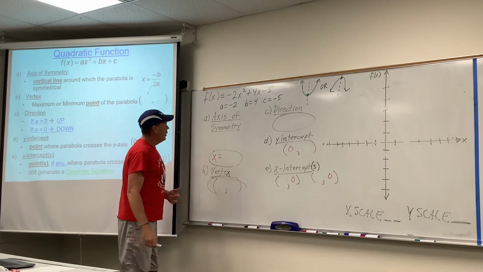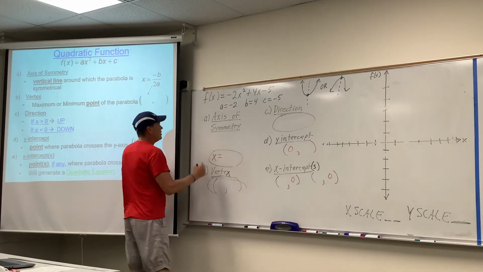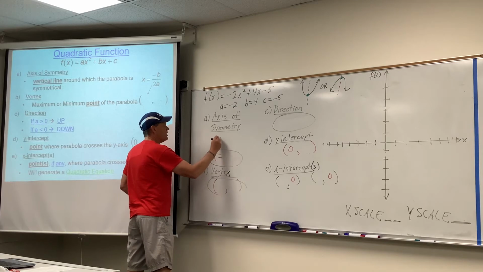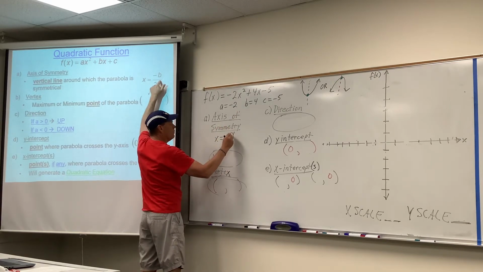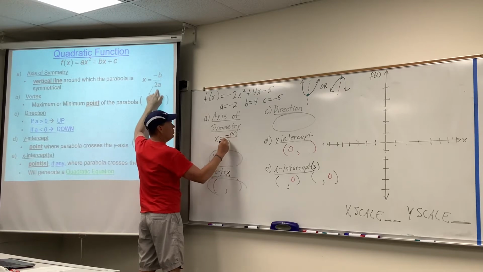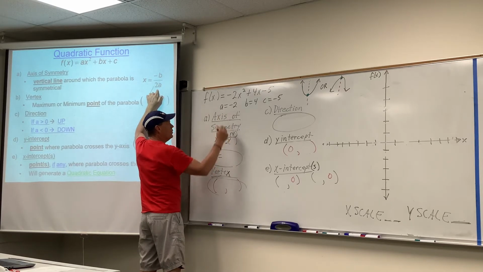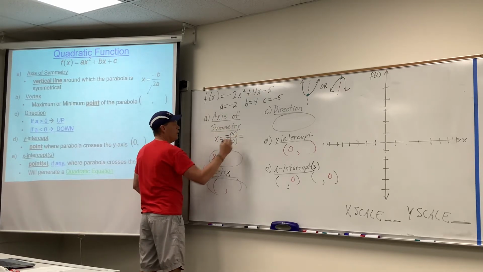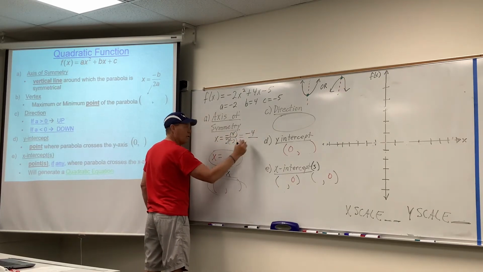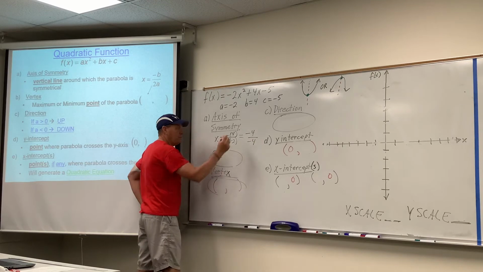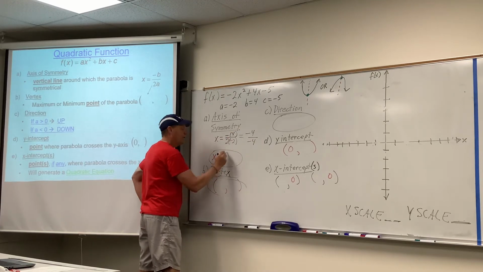All right, so the formula for the axis of symmetry is x equals -b, which in this case is 4, divided by 2 times a, which in this case is -2. A little bit of arithmetic. The numerator is -4. The denominator is also -4, and therefore -4 divided by -4 is 1.